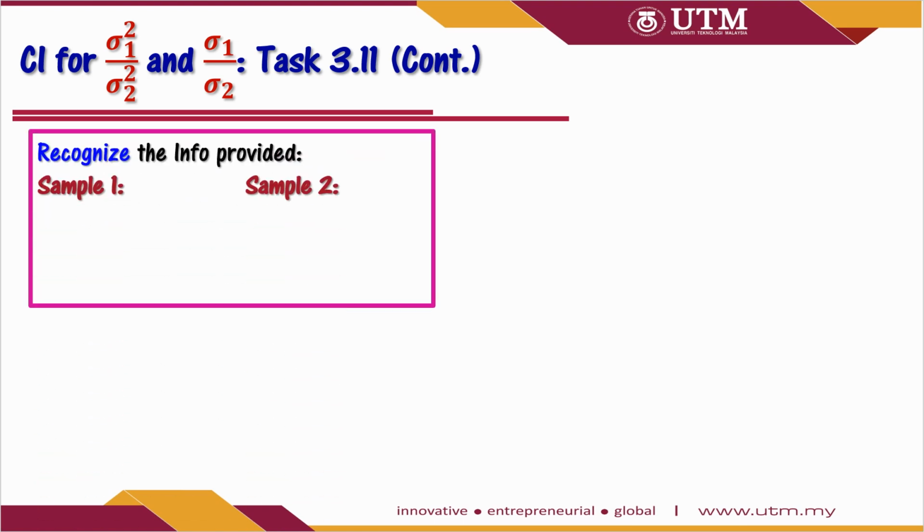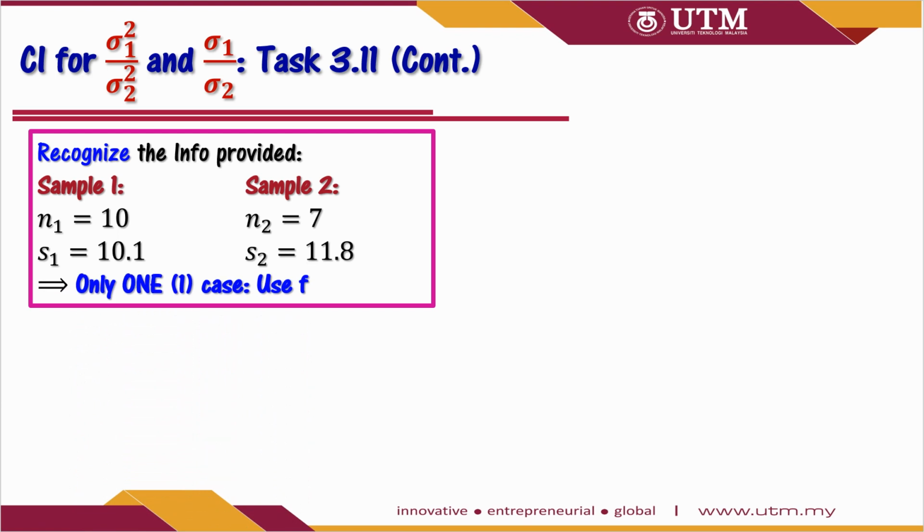From samples 1 and 2, we've identified the corresponding sample sizes N1 and N2, and the sample standard deviations S1 and S2. We only have one case in constructing the confidence interval for the ratio of population variances or for the ratio of population standard deviations, that is, to use an F distribution.